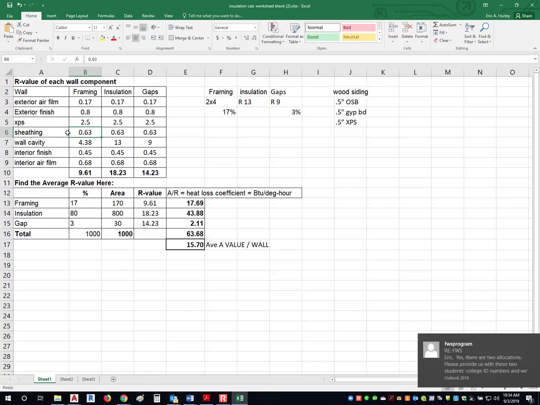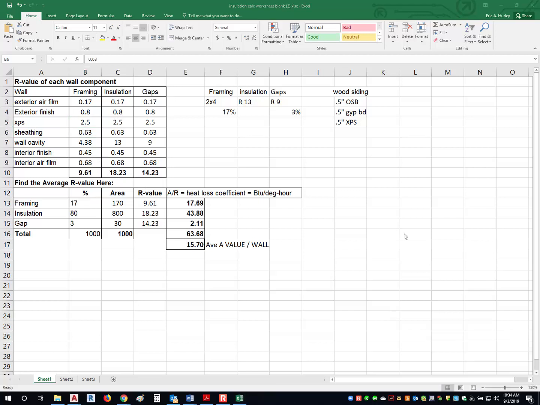All right, so by putting this skin in, the thermal skin at 2.5, all the way across all three of these planes, that increases all of our numbers. Our area stays the same, our percentages stay the same, but look what it did to our R value.